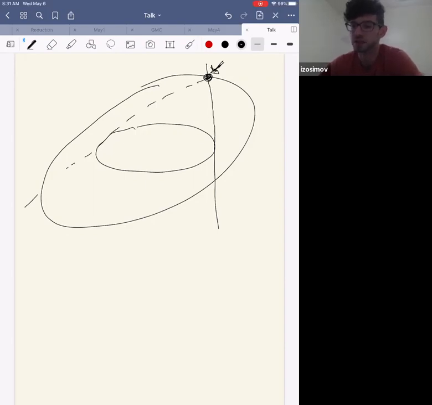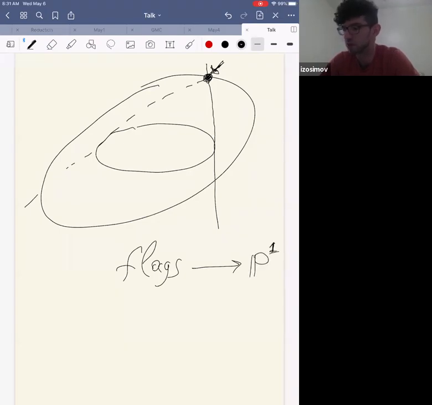That means there is a projection from the space of flags to the outer conic. It just sends the flag to the point on the outer conic.